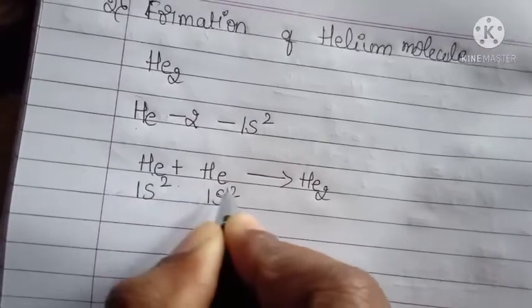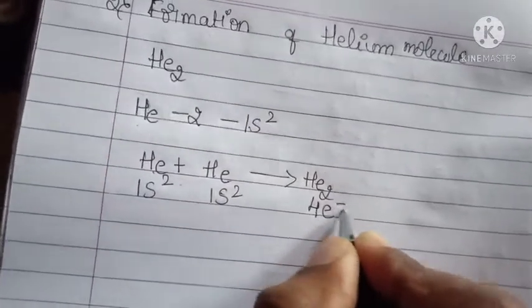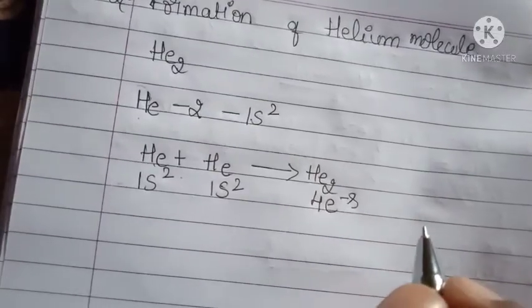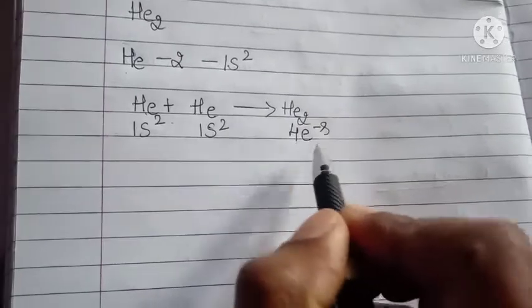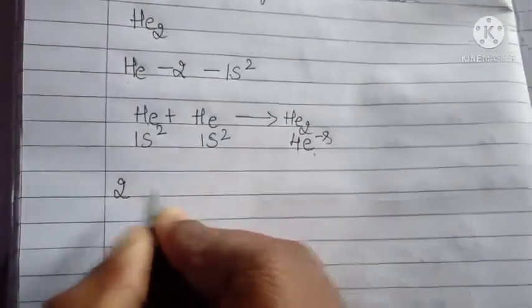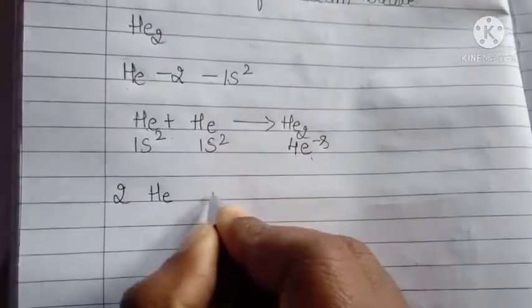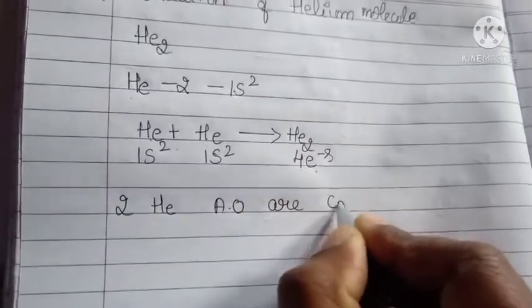1s2. How many electrons are present? 2 plus 2 is equal to 4 electrons are present. Then here 2 helium atomic orbitals are combined.